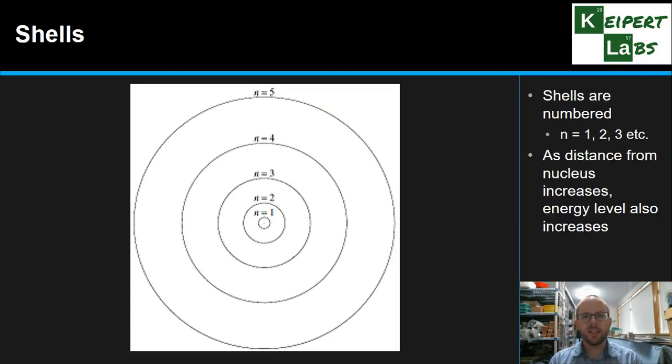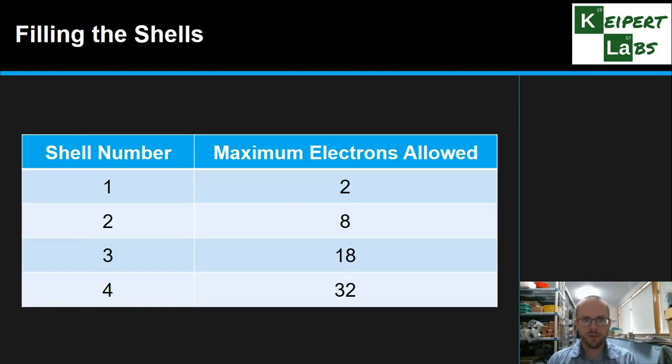As the distance from the nucleus increases, as we talk about shells that are further from the nucleus, we talk about their energy level increasing. If we look at this image, the energy level of the second shell is higher than number 1, and then it gets higher for number 3, 4, 5 and so on. Part of the reason for that is to account for the behavior of electrons in shells that are not as close to the nucleus. If we think about them in this way, it helps make a lot of sense about why they do what they do. So that's the numbering of shells.